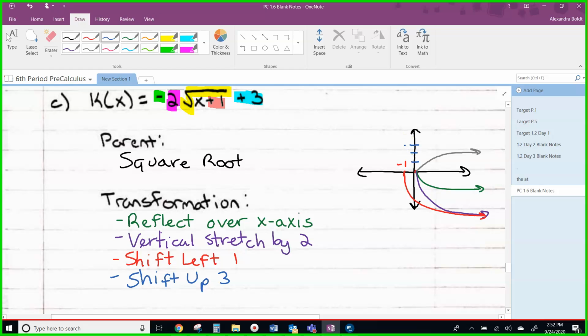All right, so my starting point's now going to be right there. And I'm going to try and keep the same shape. Okay, so again, this function here is my k of x.